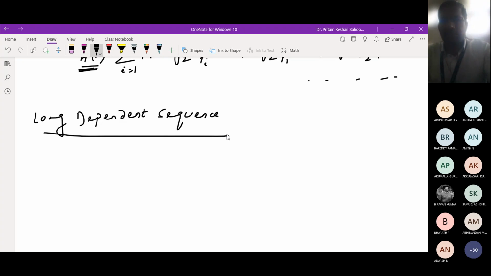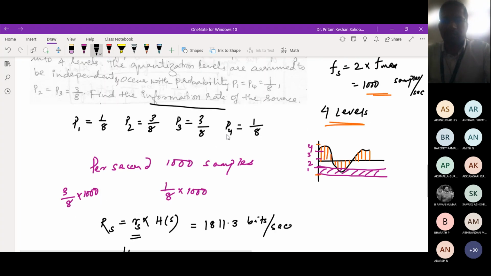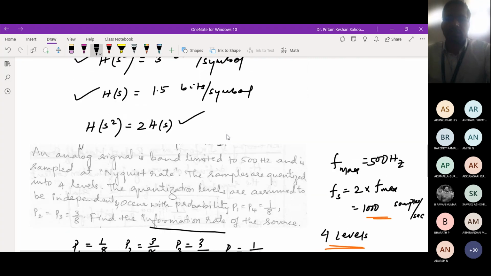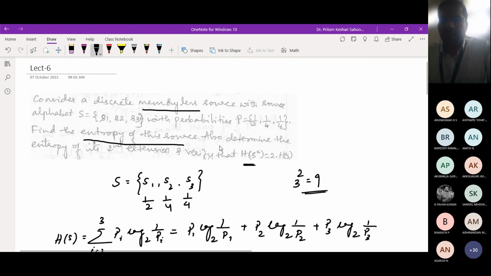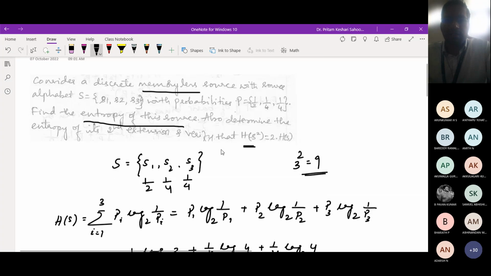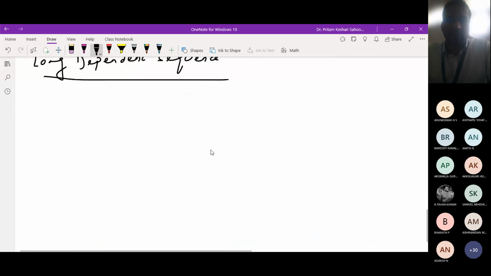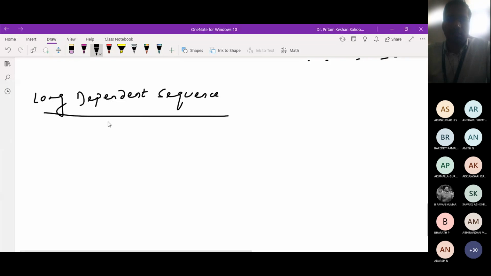So what we were doing earlier, we were taking a source, and the source has some set of symbols, and each symbol we considered as independent of each other, and we denoted that as the memoryless or zero memory system. Now in the next topic, we will come across one more topic that is called long dependent sequence. So dependent sequence means in this case, all the symbols are dependent on the previous symbols. So they are not independent.